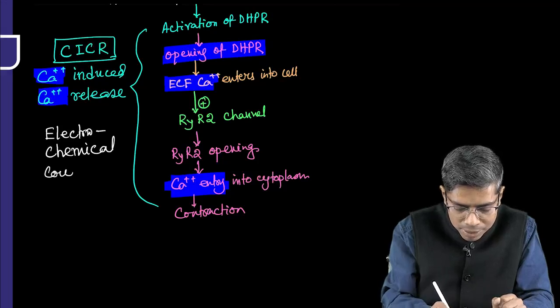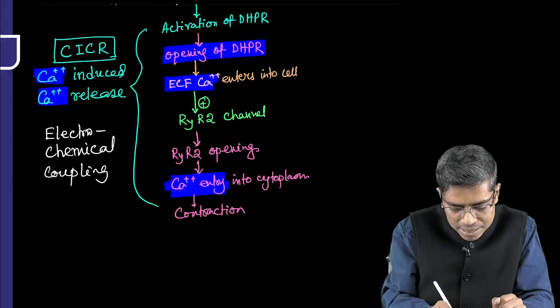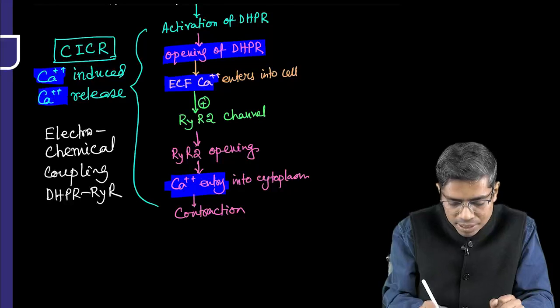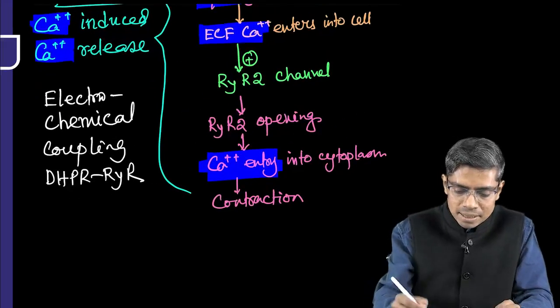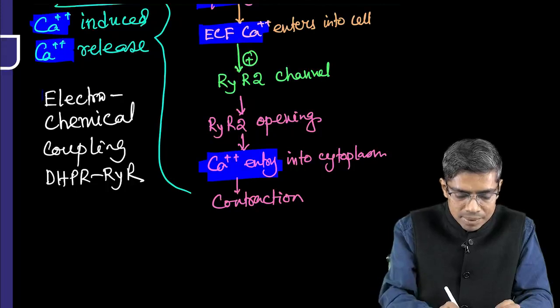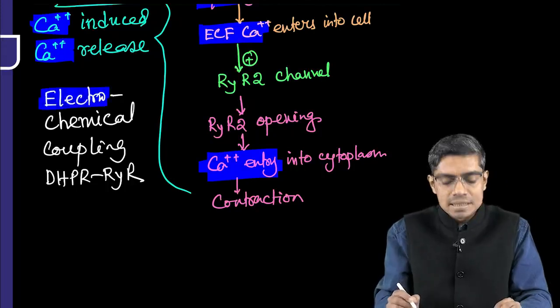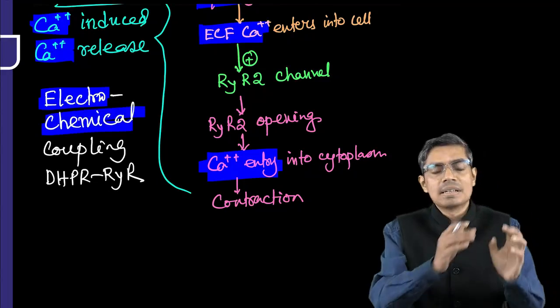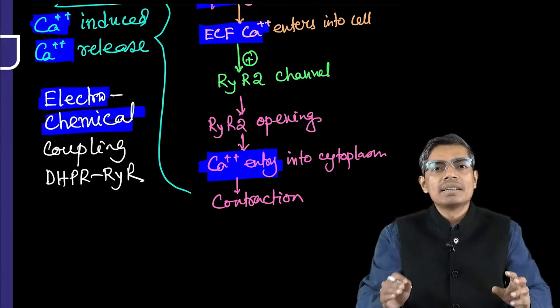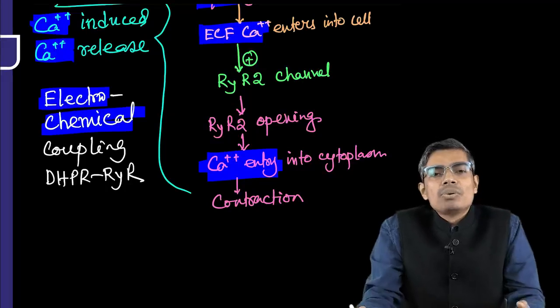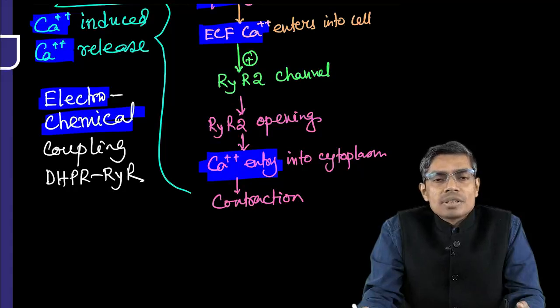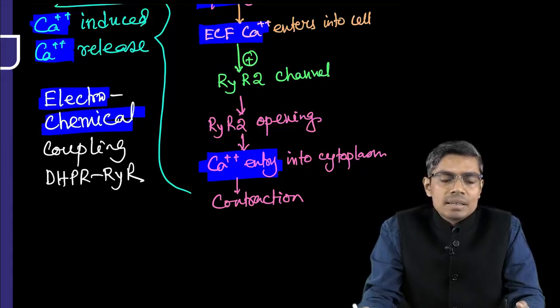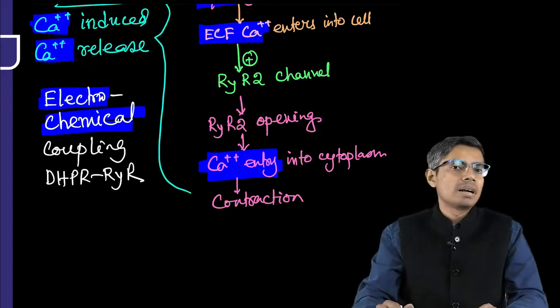What do you mean by electrochemical? Electro is in presence of electrical activity, that is the action potential, and chemical coupling means that DHPR and RYR are interacting through a chemical. And what chemical is that? That is nothing but calcium. That's why this is known as electrochemical coupling in cardiac muscle.